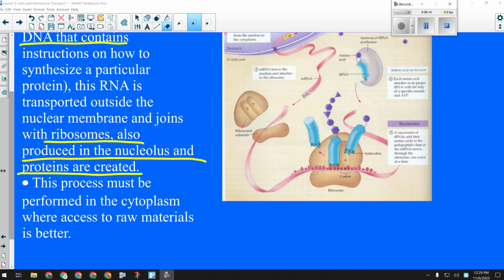Okay? If you know that much, then you're good for what the ribosome does and what the nucleolus does. Okay, can we move on from that slide?